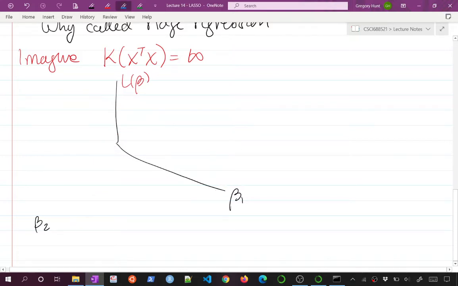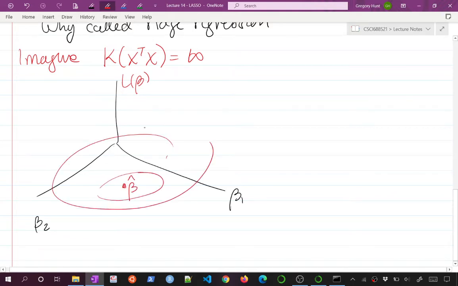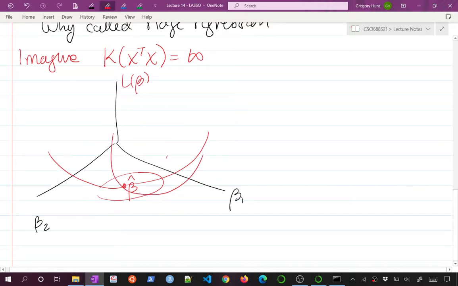It's some bowl-shaped surface, right? Let's draw it like this. So our beta hat should be down here, ideally, and it's some bowl-shaped surface that's not particularly well drawn, but it looks something like that, right? Okay. And we're trying to find the minimum of this surface.